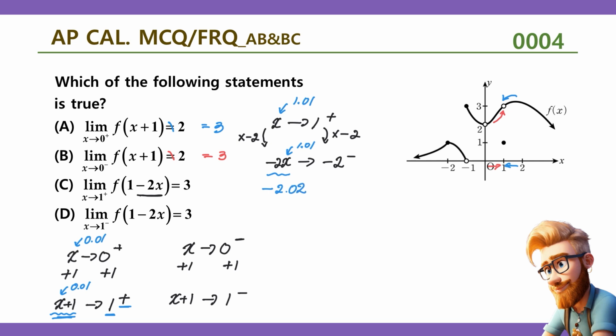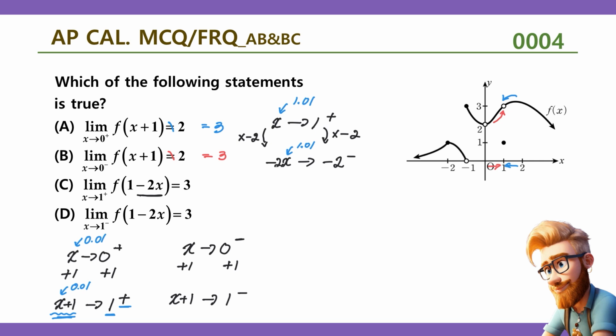That's actually a little less than negative 2. If negative 2 is here, negative 2.02 is somewhere here, right? So it actually approaches negative 2 from left-hand side. Does that make sense? So whenever a negative is multiplied, the direction actually changes. Okay?